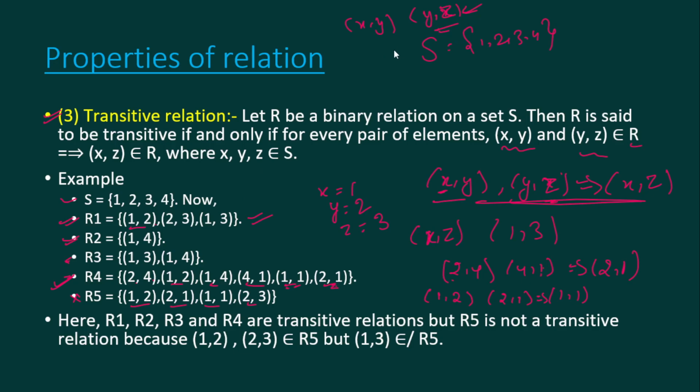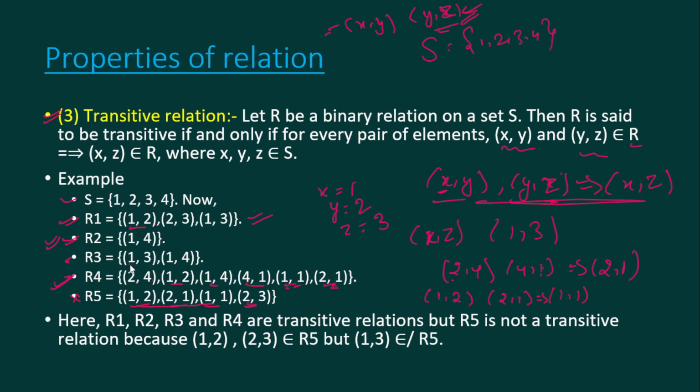When we are not able to make our condition, this will be a transitive relation, if we are not able to make a single condition. Here we had one condition fulfilled, so this element is left alone, so this is not a transitive relation. But here we can't form a single relation, so this is a transitive relation.